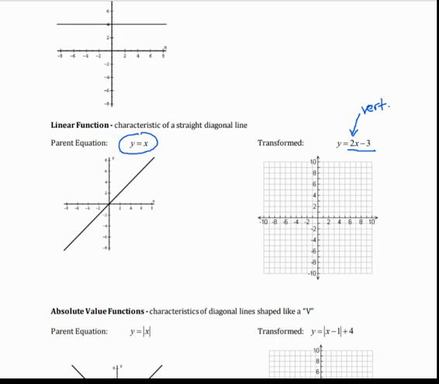Since the value is greater than 1, it's going to cause a vertical stretch. When I subtract to the end of the function, that's going to create a vertical transformation. And because I'm subtracting 3, I'm going to go down 3 units.